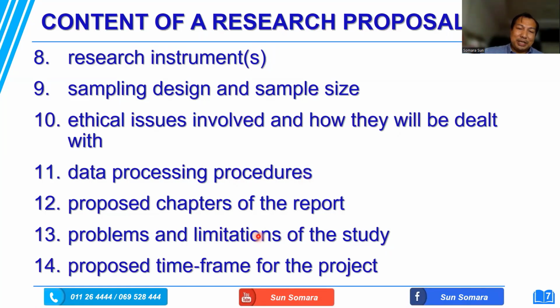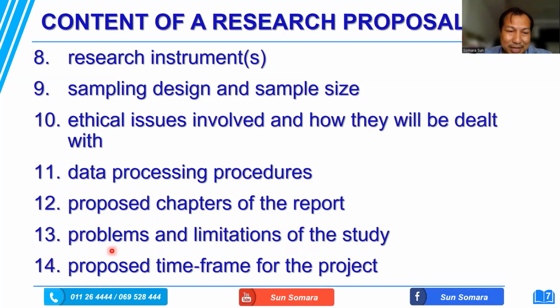Number 12, propose the chapters of the report. You may come up with what is going to be included. In a proposal, normally there are 3 chapters, chapter 1 to chapter 3, not all. It can be the introduction, the literature review, and the methodology in the third chapter.